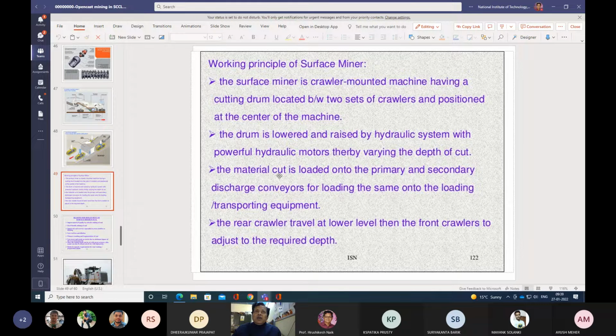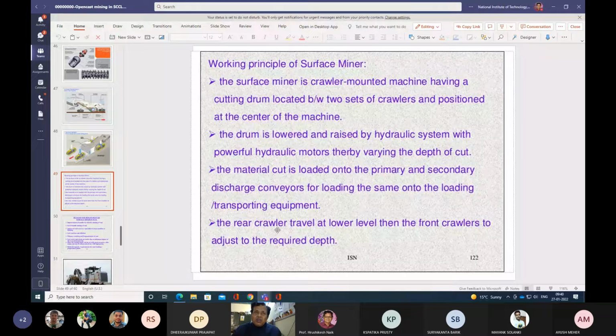After cutting, the material is loaded onto the primary conveyor. There are two conveyors. One is the primary conveyor, and from the primary conveyor it is transferred to the secondary discharge conveyor for loading the material onto the loading or transporting equipment.